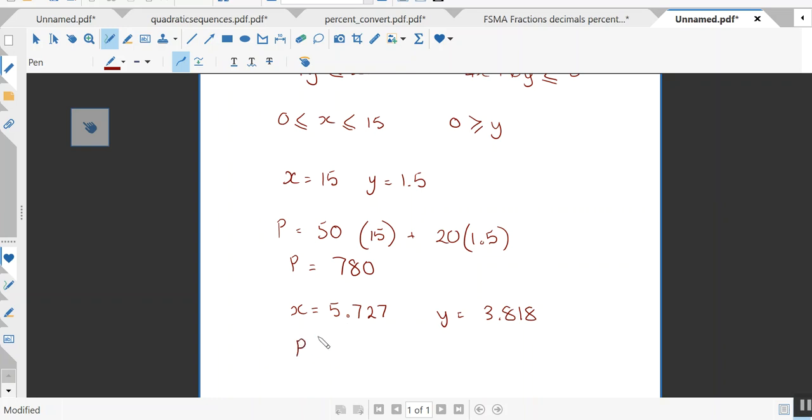But let's try that again. P equals 50 times 5.727 plus 20 times 3.818. 362.71.